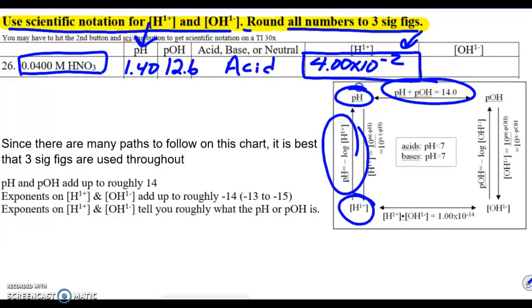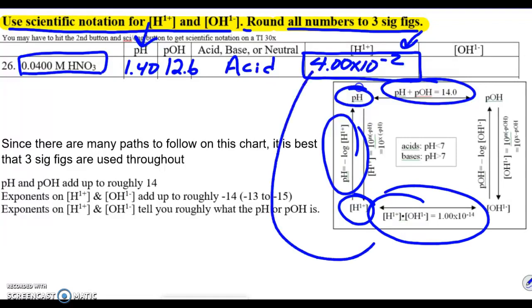And then the last thing I need is my hydroxide ion concentration, and I'm going to use this formula right here on the bottom. I know my hydrogen ion concentration. I know the 1 times 10 to the negative 14th, so I solve for my hydroxide ion concentration.